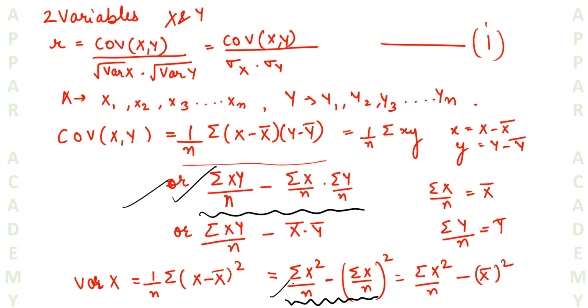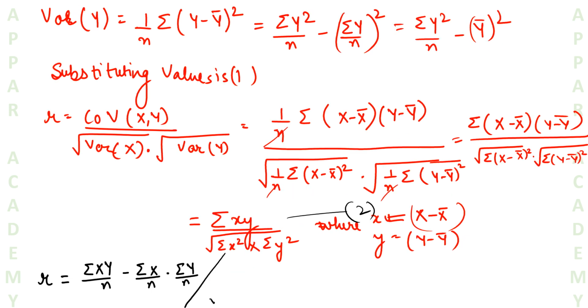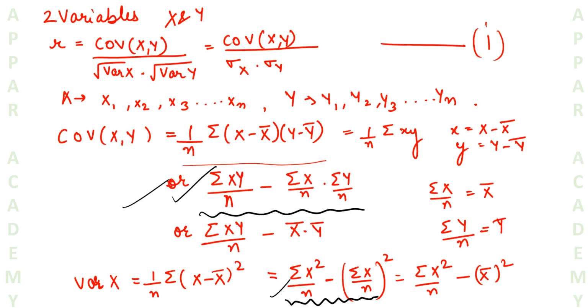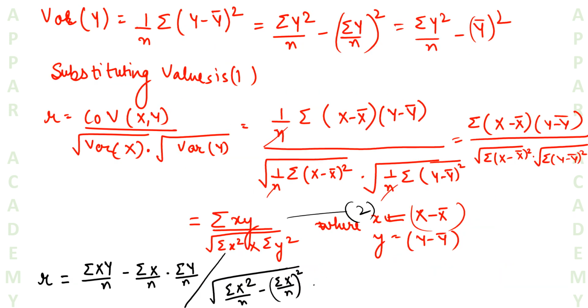And this variance formula we will use, that is square root of summation x square by n minus summation x by n whole square, right? See this formula, into summation y square upon n minus summation y upon n whole square. So this formula, what if we use this? So we can write it like this over here.